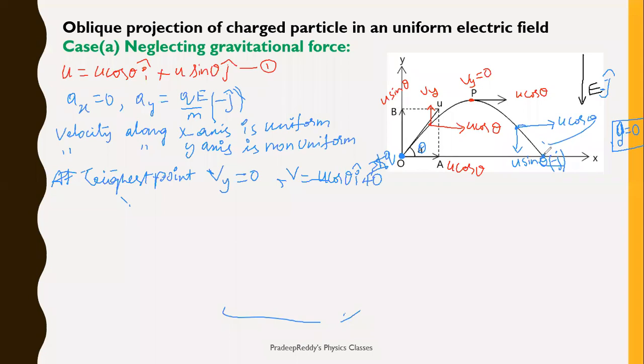So finally, when it is coming to this end, because both levels are equal, both levels along the x-axis and y-axis are equal initially and finally, the final velocity will be u sin theta, but in which direction? Downward. Magnitude here will be u sin theta, and this is minus j cap. Whereas in this case, at point O, velocity will be in the upward direction, right? So that upward direction, it is u sin theta, it is positive, right? Clear? I hope this concept should be clear.